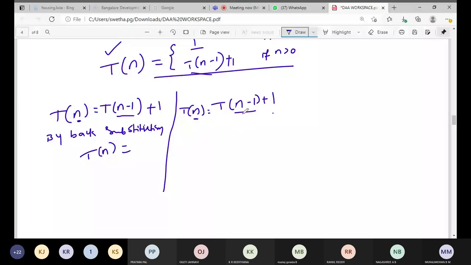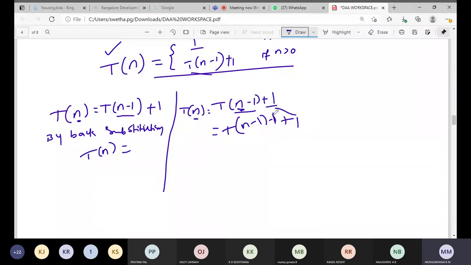Similarly, in place of n minus 1, in place of n, you write this n minus 1. So this minus 1 will be as it is, and this plus 1 will be as it is.